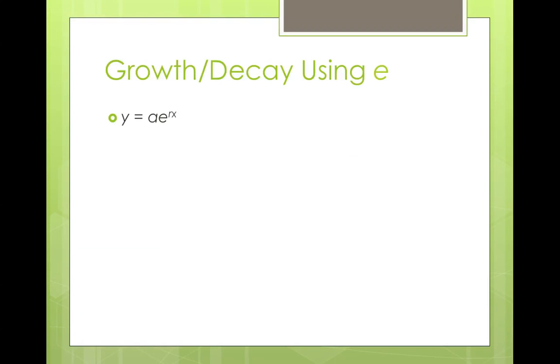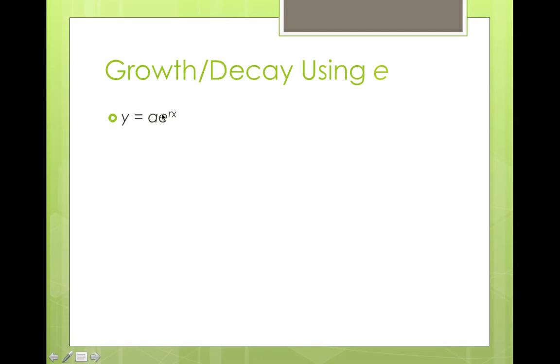All right, so now that we have a little idea of how to use e, let's talk about it in exponential situations. You can still have both growth and decay in exponential equations using e, but the equation looks a little bit different than what we're used to. You'll notice here that the equation is y equals a times e to the rx power.